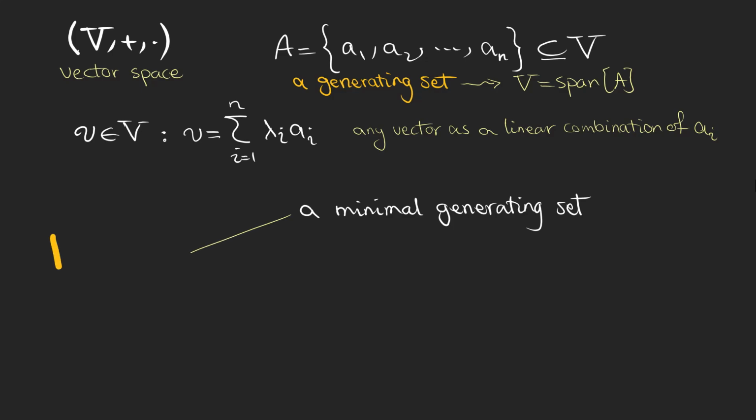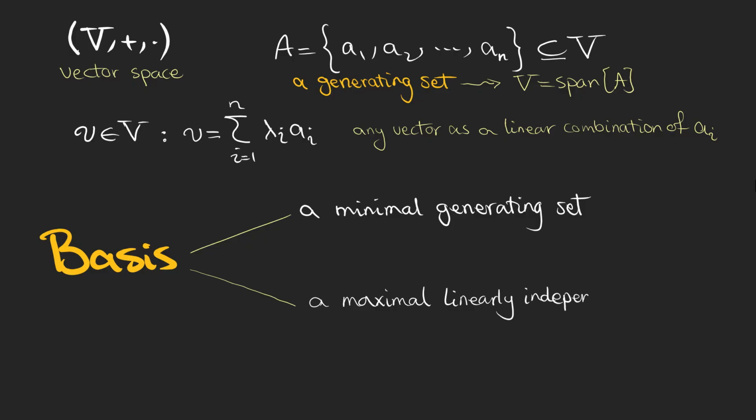We call this minimal set the basis of the vector space. In other words, a maximal linearly independent set of vectors in V is called a basis for this vector space V. Pay attention that this minimal generating set, or in other words, maximal linearly independent set of vectors, is not unique, and we can have many of them as you saw in this video.